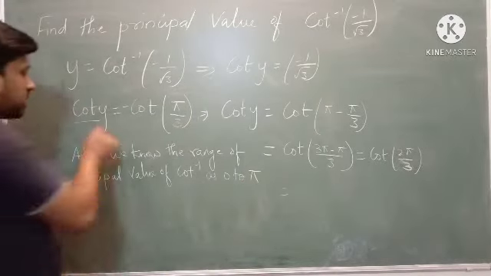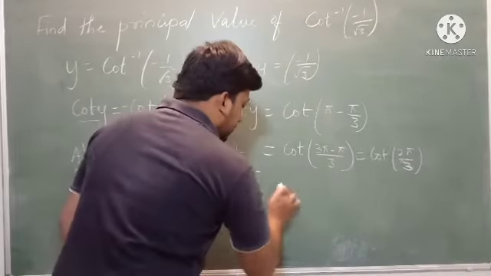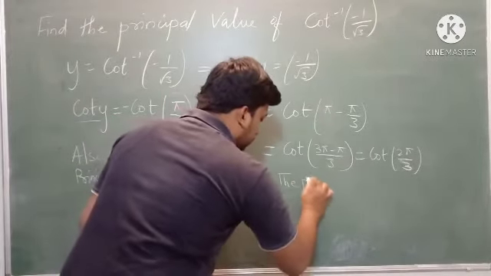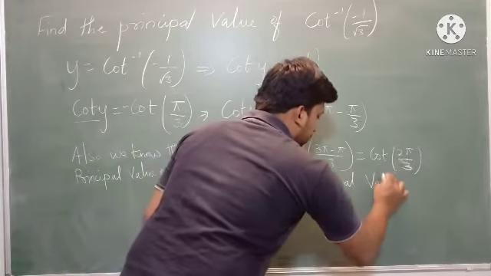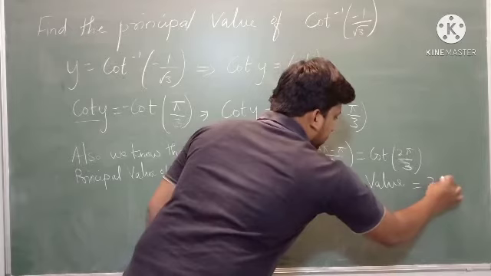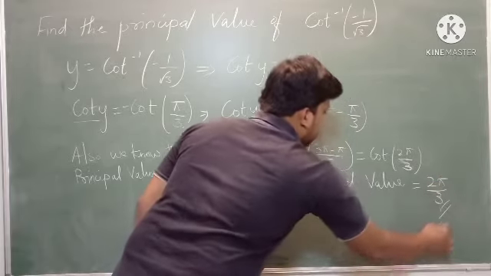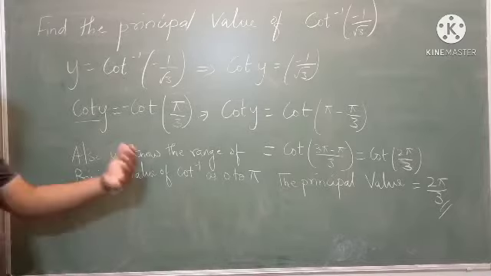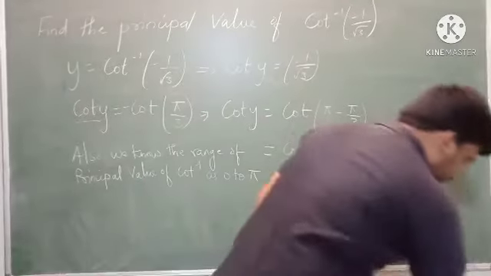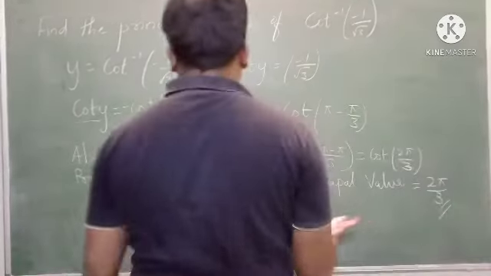So by just observing this, we can write the principal value is nothing but 2 pi by 3 for cot inverse of minus 1 by root 3. So this is the answer we have. I hope you are understanding. Let us go for the next problem and see.